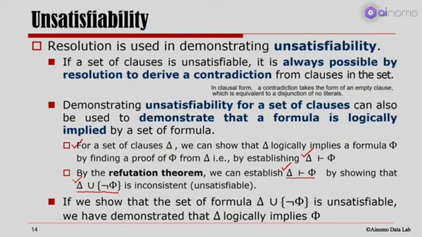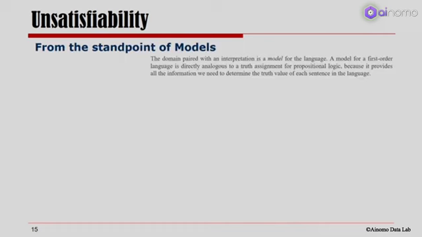The second statement is here: an ancestor of someone's ancestor is also an ancestor of that person. So we could write for all r, for all s, for all t, r is an ancestor of s and s is an ancestor of t implies r is an ancestor of t.